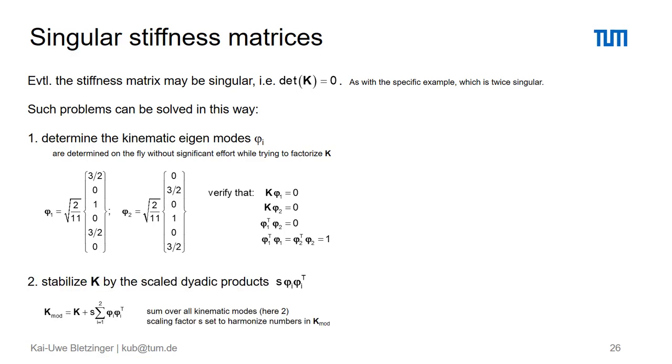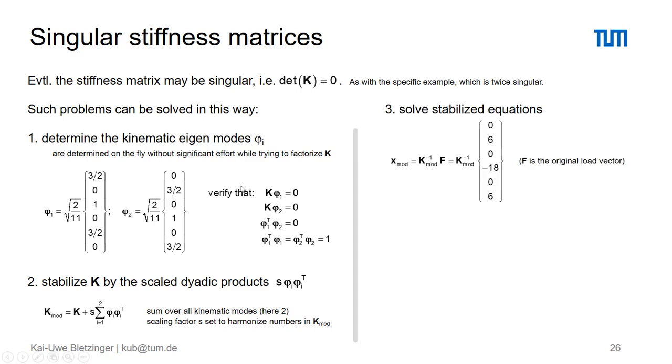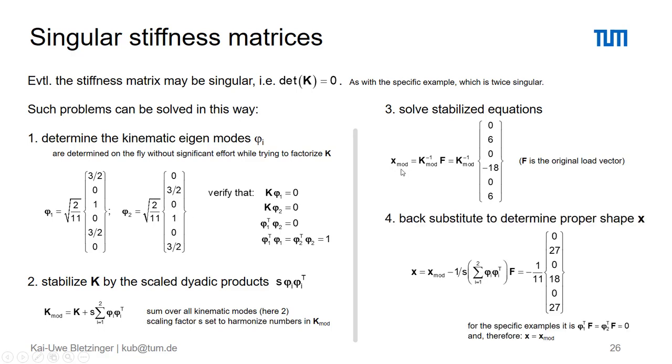We can stabilize the stiffness matrix just by adding the dyadic product of each of these eigenvectors, multiplied by an appropriate scaling factor. Then we solve the problem and receive a modified solution, and in the next step we take away again what we have added as a stabilization, and receive a solution which gives us equilibrium in a kinematic problem.